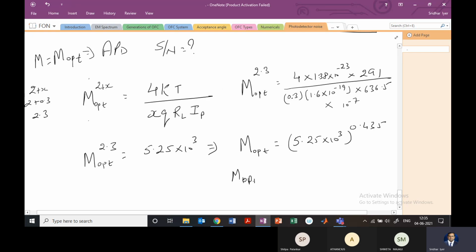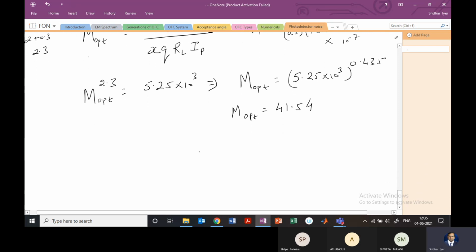So the optimum M should be about 41.54. Are you getting that? Yes, sir, 41.5. Okay. So from that equation, we get the optimum M as 41.54, right?